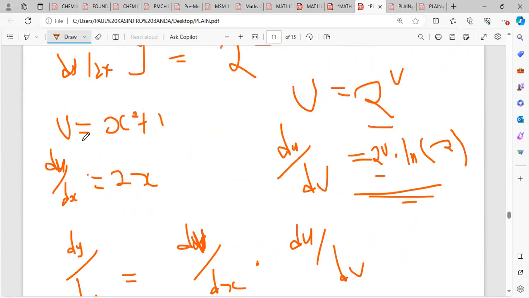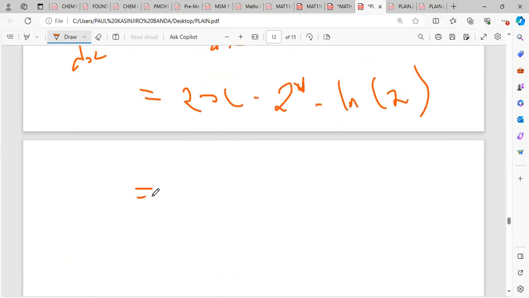My v is simply x squared plus 1. So I have this expression, 2x multiplied by 2 to the power x squared plus 1, then I multiply this again by ln 2.